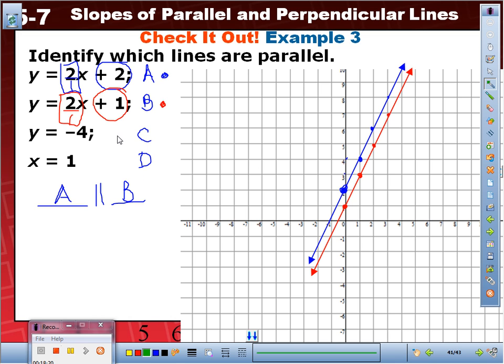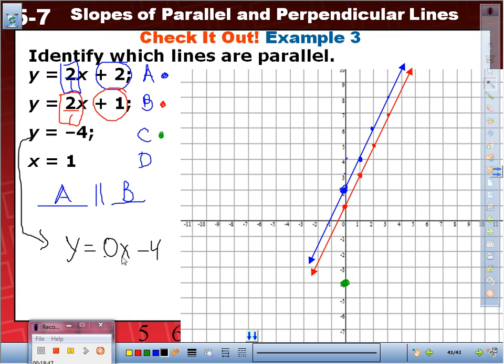Next, I'm going to graph the next one in green. This one doesn't have a slope, does it? No, but it crosses at -4. -4 is down here. If it doesn't have a slope, check this out. Everybody look up, please. I'm going to rewrite this one down here: y equals 0x minus 4, because it's missing the x.